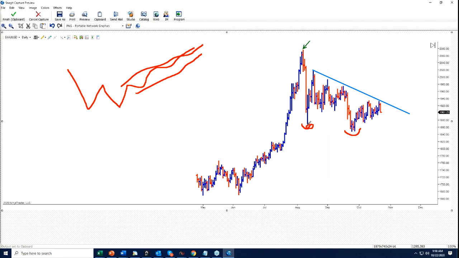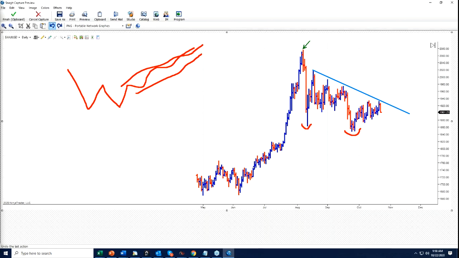So if this is a double bottom, then we should have seen something like this, where this is a bottom, and the market now is indicating that it's a bottom. But instead, we have these lows, and every movement within this low has been a lower high. It hasn't been this, it's been this.